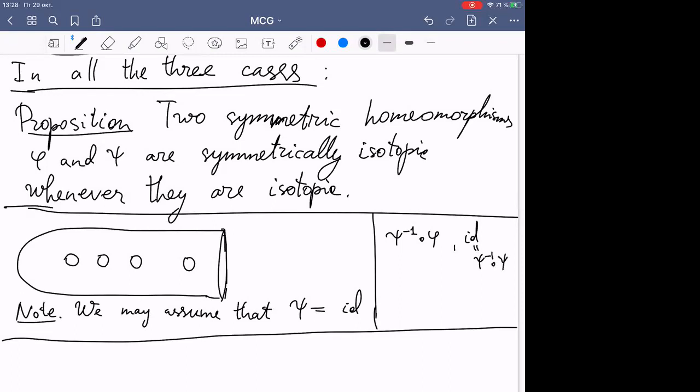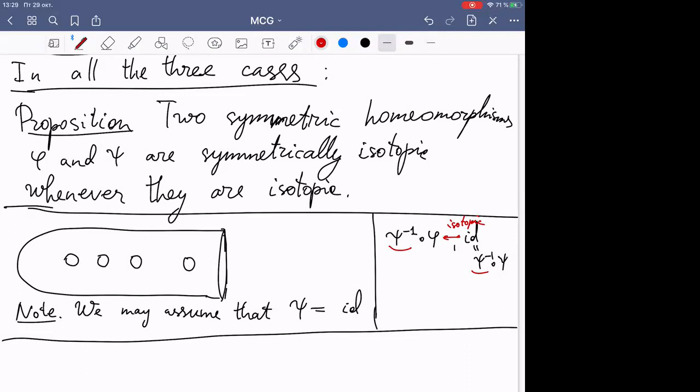And of course, the homeomorphism psi inverse takes the isotopy between phi and psi to an isotopy between psi inverse phi and the identity.